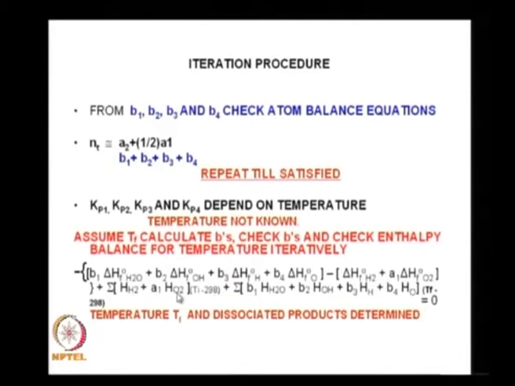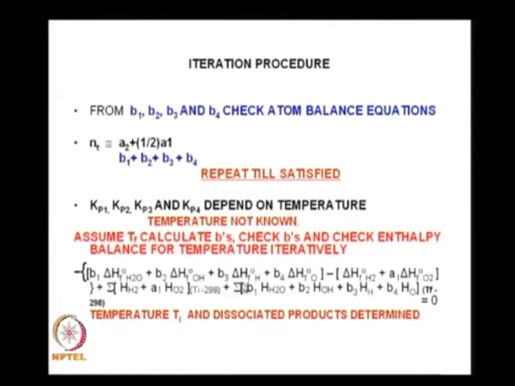Similarly for oxygen, from the liquid state to the boiling state, the latent heat, and then the sensible heat of the gas from the boiling temperature to 298, plus for each of the product moles I have something like the specific heat into the number of moles into Tf minus 298. This must be satisfied if my values of B1, B2, B3 are correct at the temperature which I have assumed.